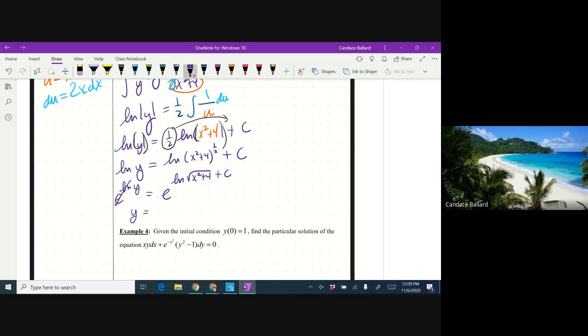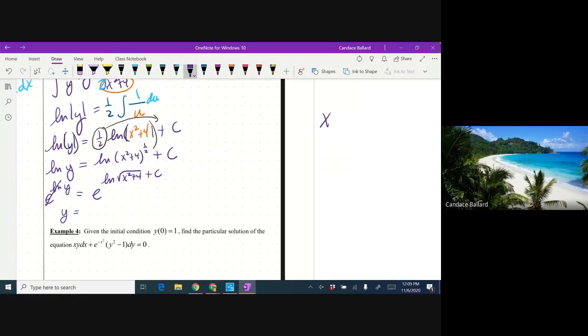So let's have a quick refresher on the right side. It's this property. When we are multiplying, we add our exponents. But if I have 2 exponents that are added, I can take it apart with multiplication. So that's what I'm going to do here. So I really have e to the natural log of the square root of x squared plus 4 times e to the c.